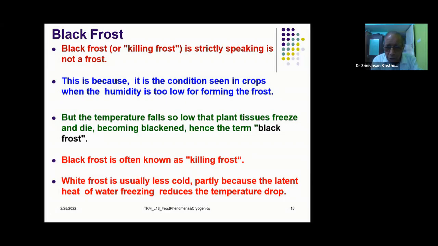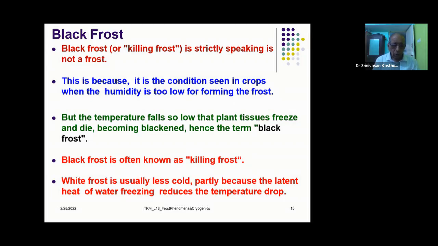So the plant tissues are frozen and they start dying and become blackened, and hence the term black frost. So black frost happens when the humidity is pretty low, but the temperatures are also falling pretty low. This affects the plant tissues, they freeze, and then start dying. That's why it's called killing frost.